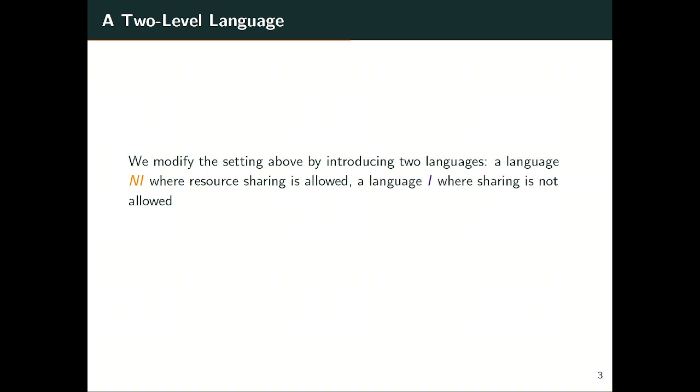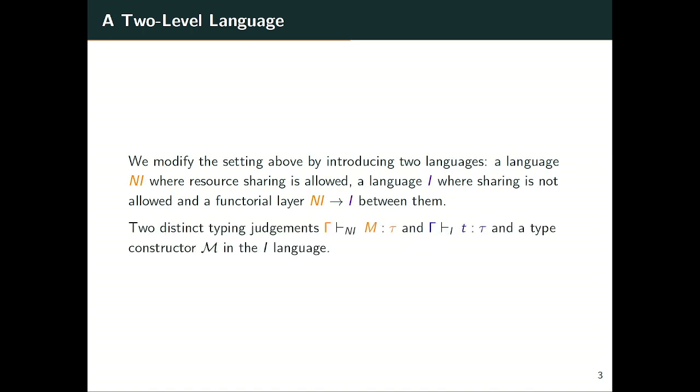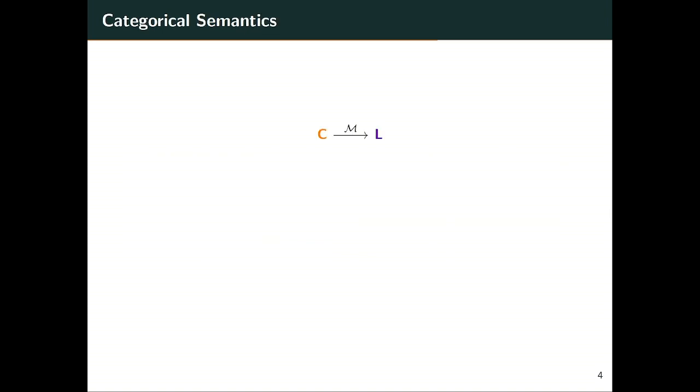We have a second language, I, where sharing is not allowed, and we have a functorial layer between these two languages, from the language NI into the language I. And thinking more about the syntax, what this means is that there are two separate typing judgments, one for the NI language and one for the I language. And there's a type constructor M in the I language, which models this functor between these two languages.